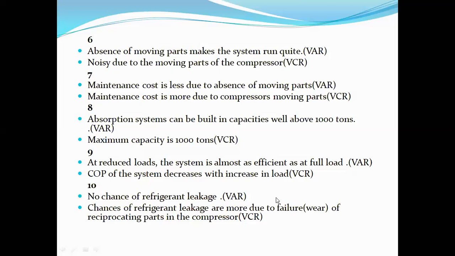You remember the VAR is mainly useful in industrial application, whereas VCR is used for domestic, like our normal fridge, air conditioning, commercial as well as industrial application. So these are the main differences between VCR and VAR.